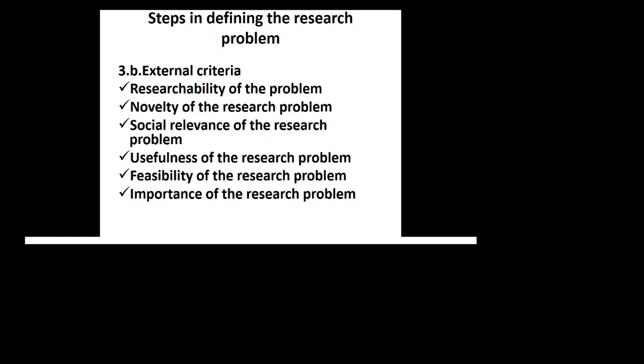Also whether the solution or the findings of the research is going to be useful at all. Whether you can even get the answer. That is the feasibility of the research problem. And next, the importance of the research problem. So, greater the importance, greater the usefulness of the research problem, automatically the more important or the faster you are going to choose your research.